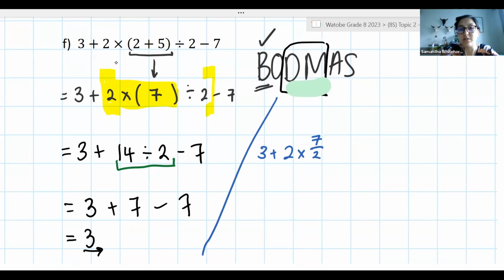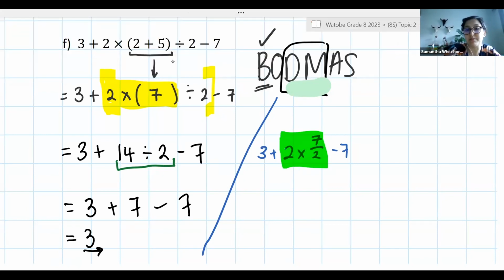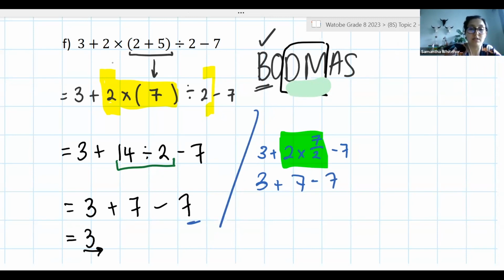Then you can do the multiplication: 2 times 7 over 2, and 2 times 7 over 2 gives you 7. So you end up with exactly the same thing anyways. If you want to start with 7 divided by 2, you can. It's just going to give you a fraction, which is fine, but you can do it any way you want.